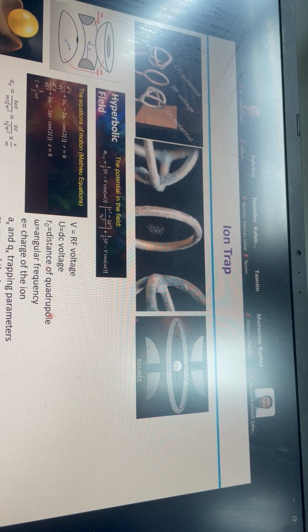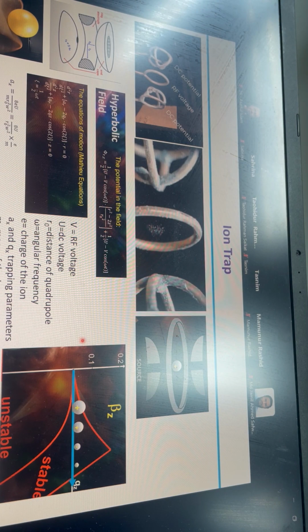You can calculate the angular frequency, e is the charge of the ion, a_x and q_x are the trapping parameters, and m is the mass. Okay, so using this equation we can calculate the mass to charge ratio. If we know how much RF and DC voltage we are applying, then using these two equations we can calculate the mass to charge ratio.